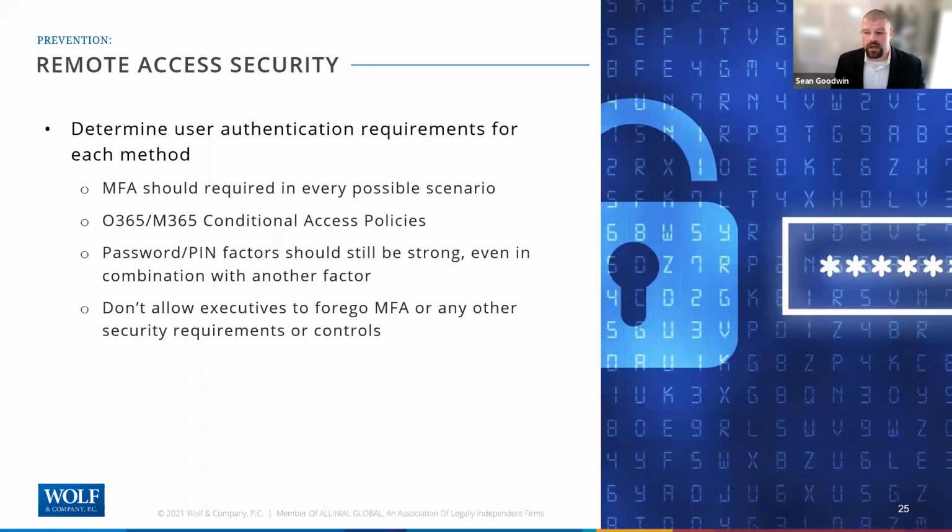We want you to create a strong password, but we, being the IT department, also want to make sure we're doing things in the background to make sure that password stays secure. There are tools that will help you prevent the end user from using a password that's been disclosed in a breach. There are tools that'll help you get a bit more stringent in what that complexity requirement is to block things like fall 2021.